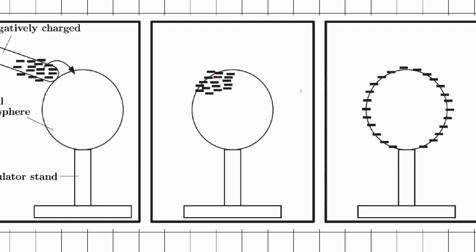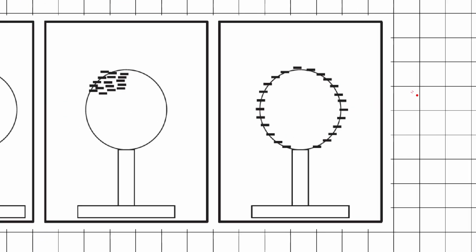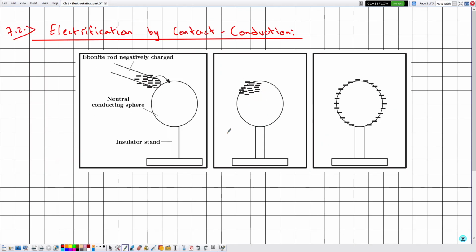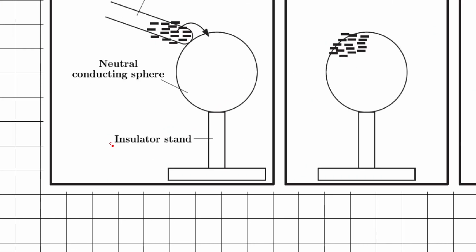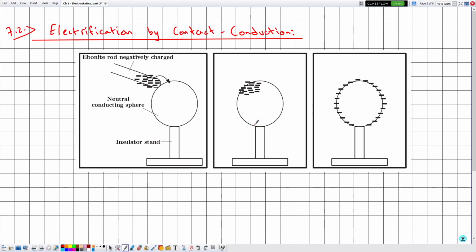There will be a force of repulsion between the electrons, and the electrons will spread across the surface of the conductor like this. Now, this is an insulator stand, so we need to make sure that the conducting sphere is on an insulator stand, otherwise the electrons will escape across any conducting body.